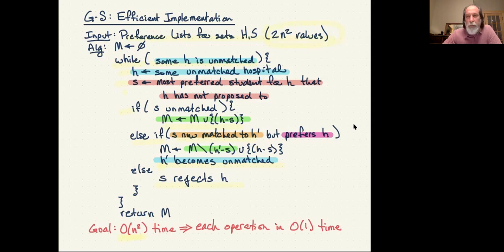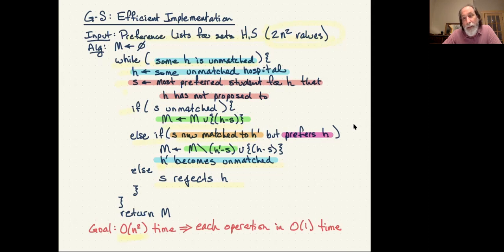We haven't proven it, but intuitively it seems like you might have to carry out a large fraction of these possible proposals. So we probably don't expect to do significantly better than big O of n squared time.